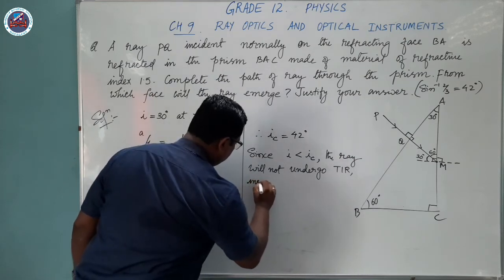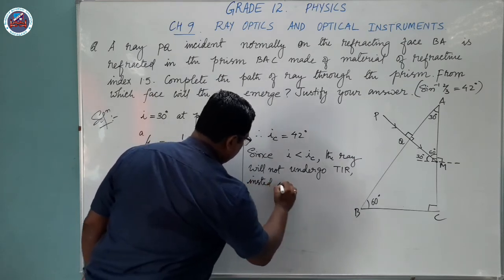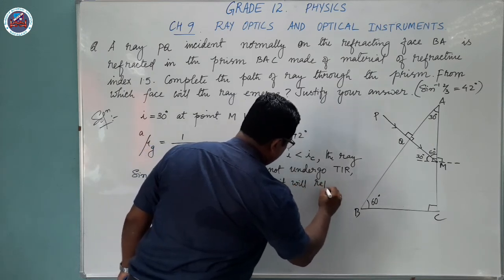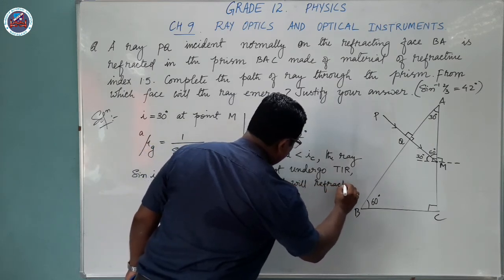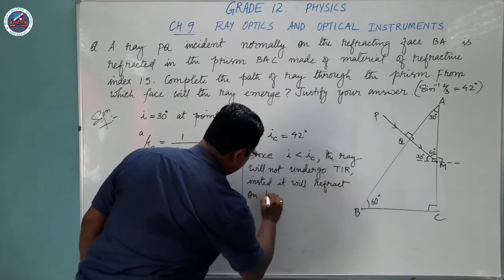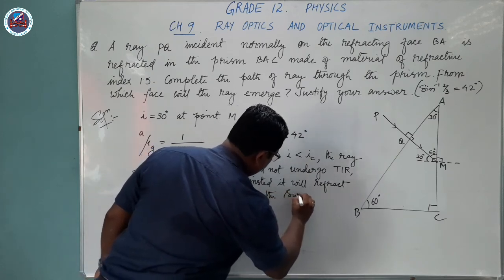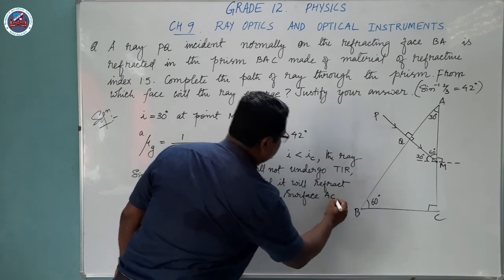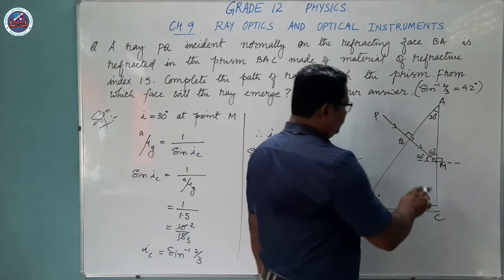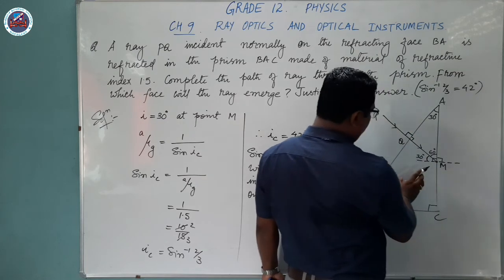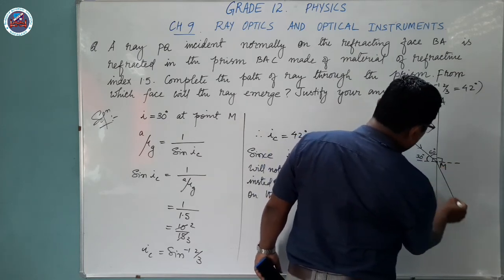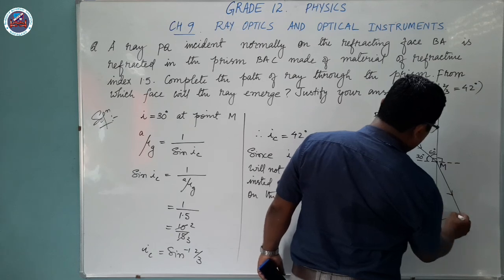Instead, it will refract on the surface AC. Now, if it refracts on the surface AC, light is traveling from denser to rarer medium, so it will go away from the normal. Let it be MN.